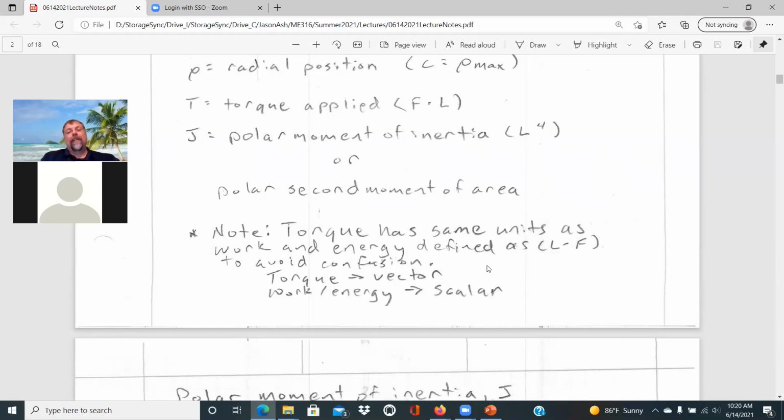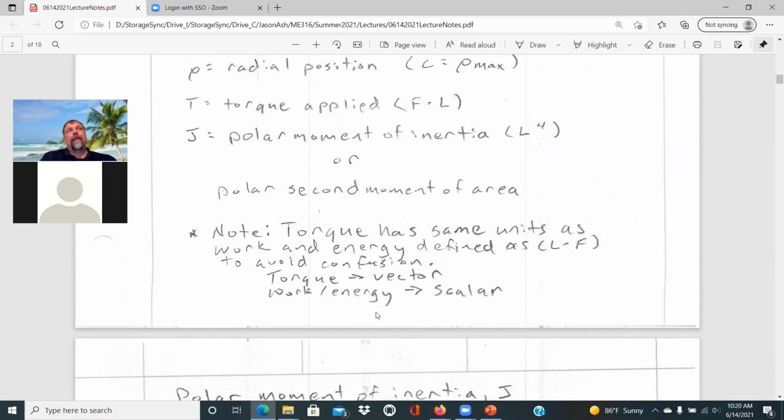But they are two significantly different things. Torque is a vector, so it does have a magnitude and direction, whereas work and energy is a scalar. It does not have any direction associated with it. It's just a magnitude. So just be aware of that.